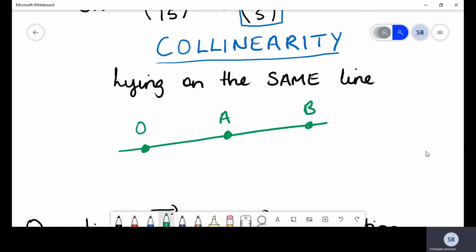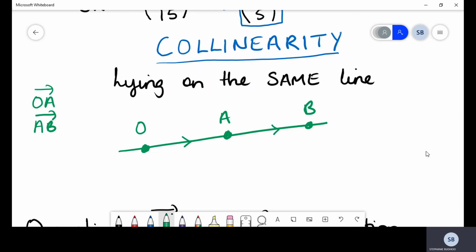Now, what if I were to break up these vectors that lie on this line? For example, on this line, if I were to place arrows here and here, that would mean we have the vector OA, as well as we also have the vector AB.